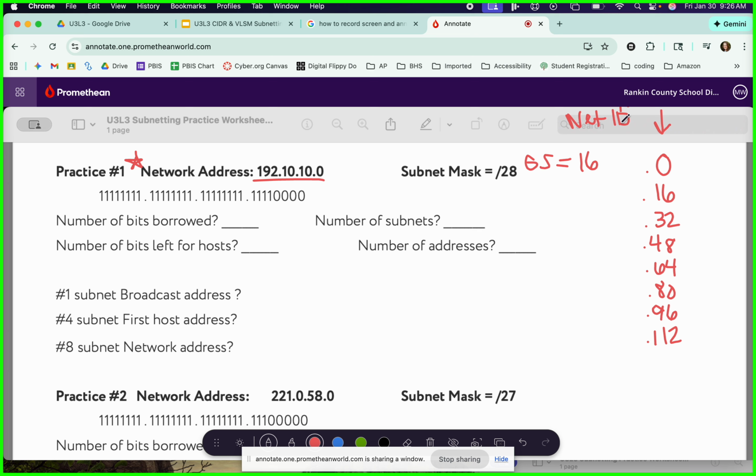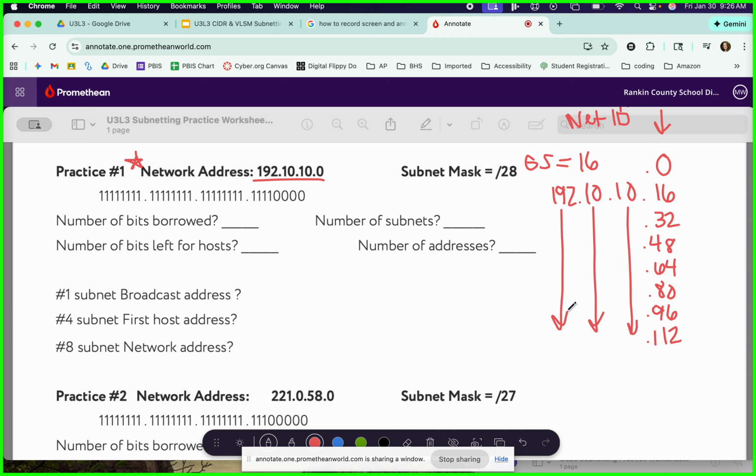All right, and we know that the 192.10.10 stays the same for each one until we get to 255 at some point. But for this, we're not going to get to 255. This stays the same all the way down.